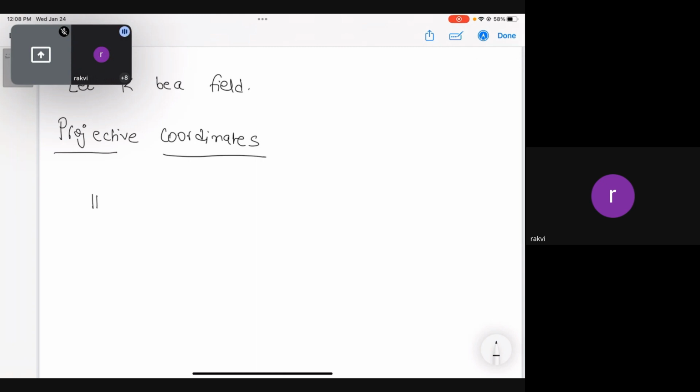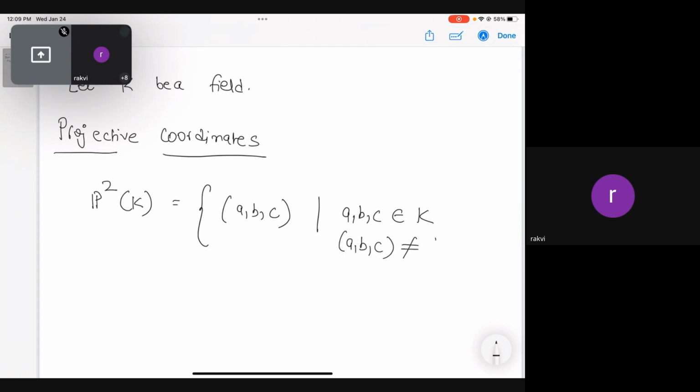In particular, I want to talk about P2 of K. What it means is, I take a tuple of three elements (A, B, C), where A, B, and C are in my field, and I also want this not equal to 0.